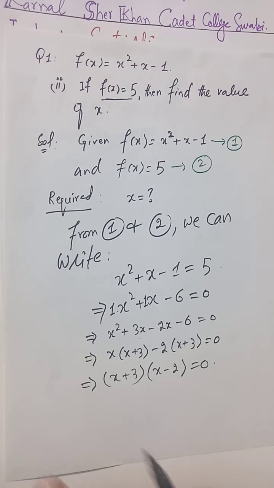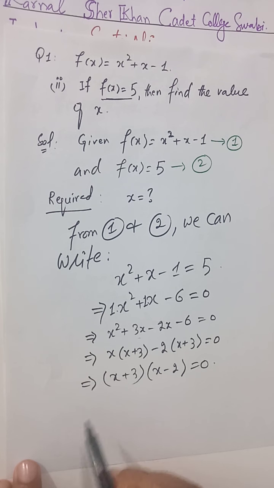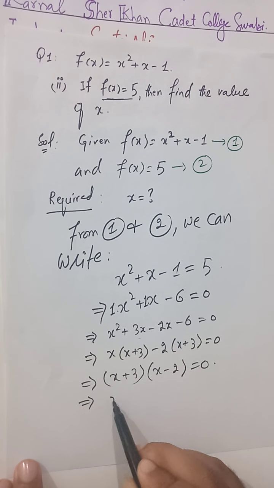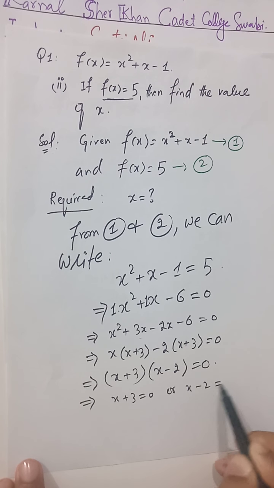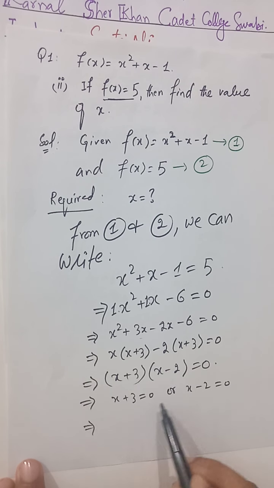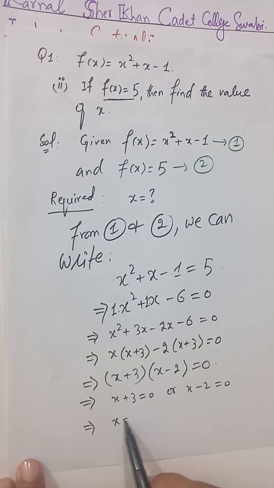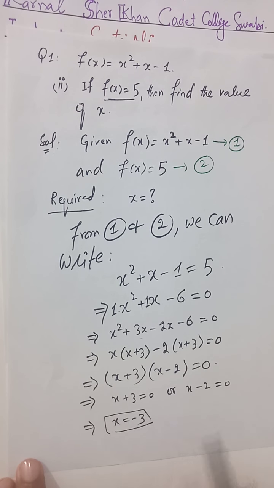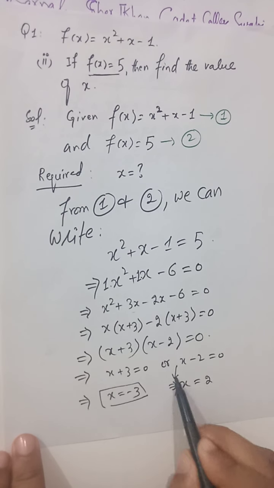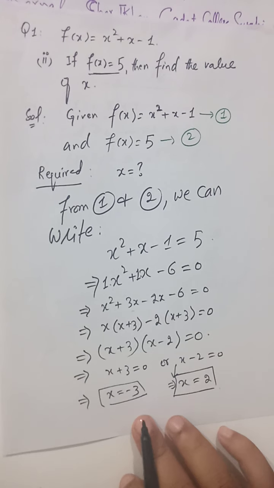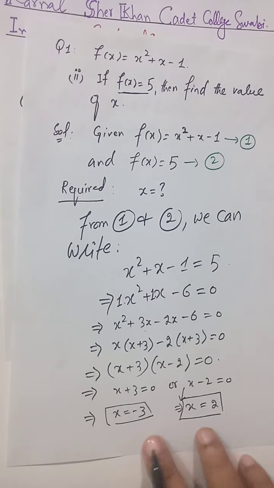Thus from this we can write x plus 3 equal to 0 or x minus 2 equal to 0. So this implies shift this 3 on the right, so that will become minus 3. This is one value of x, and shift this minus 2 on the right, so this becomes plus 2. So x is equal to 2 and x is equal to minus 3 are the values of x.